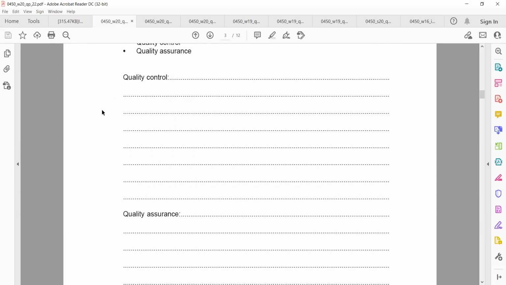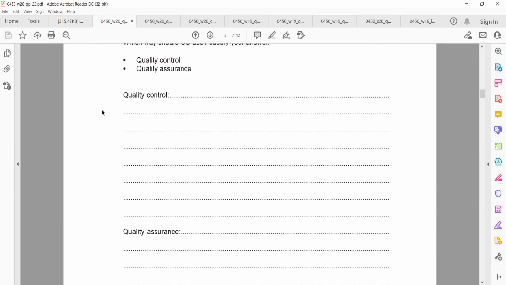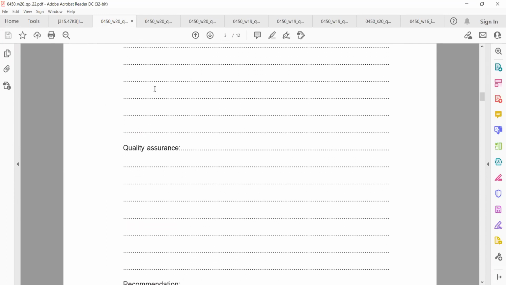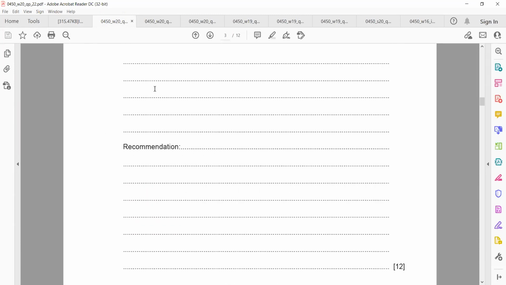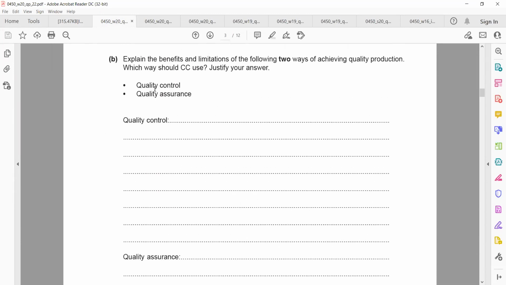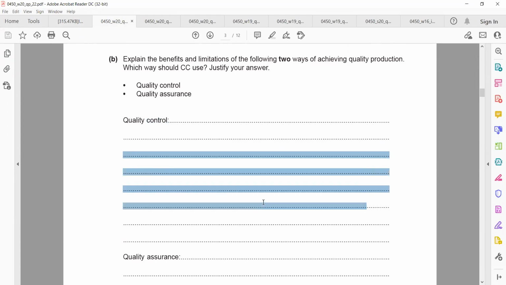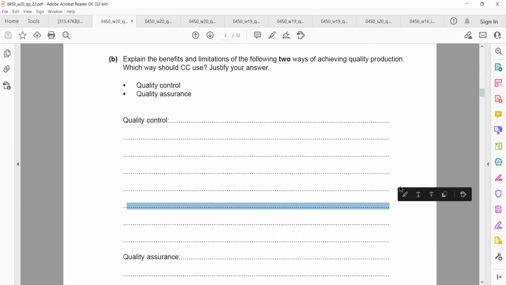Now, for 12 marks also, there are several types. But let me just make it in general first. In general, if it is a question like this, we have quality control, quality assurance, recommendation. Your strategy will be for each one: 1 knowledge plus 2 analysis plus 1 application.